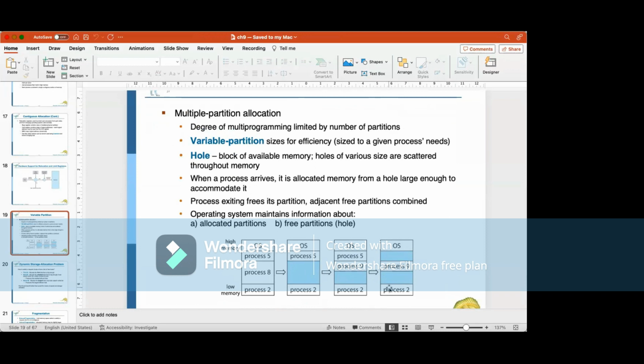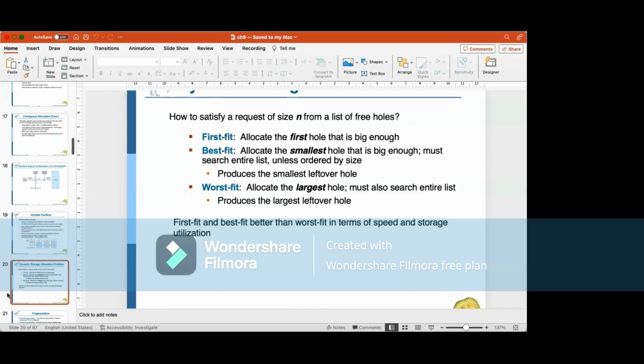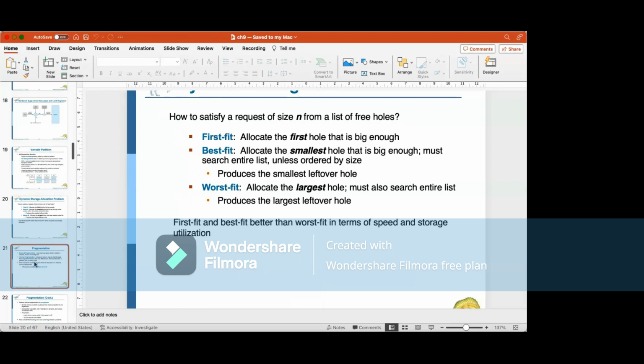In the best fit, I have to see the smallest partition that can fit it. In worst fit, I have to choose the biggest. Our OS maintains information about the already allocated partitions and the free partitions. Free partitions are called holes. They are scattered throughout memory. So that is first fit, best fit.